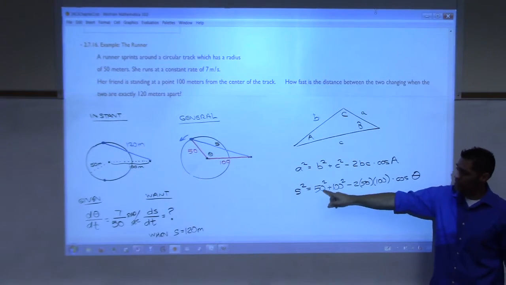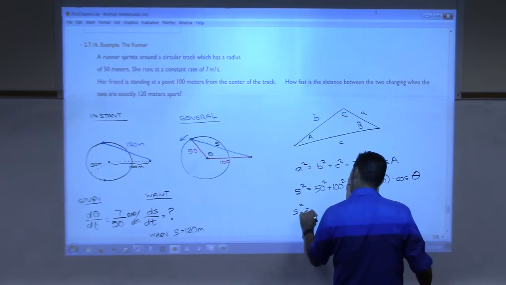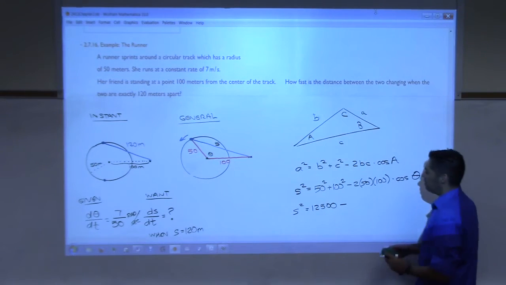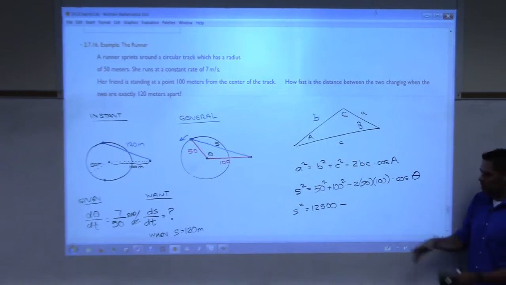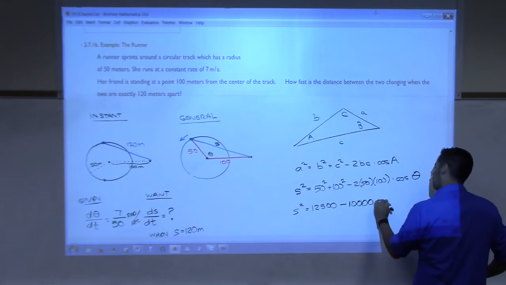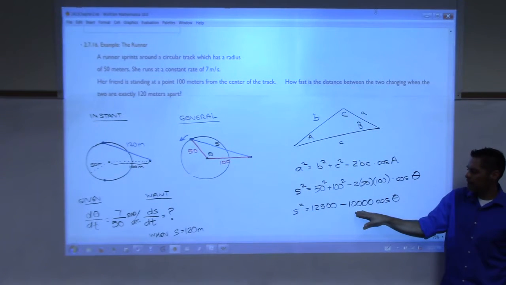So 10,000 plus 2,500 is 12,500, minus 100 times 100, it's 100 squared, 10,000 cosine of theta.